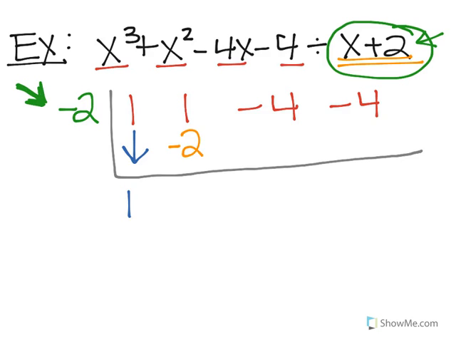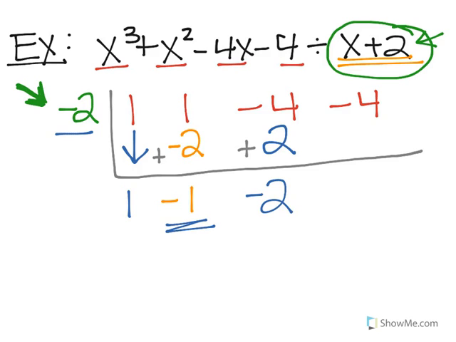Also the opposite of long division, now we add down, and we get negative 1. Now we do it again. Negative 2 times negative 1 gives 2, and we write it there. Now we add down, and we get negative 2.